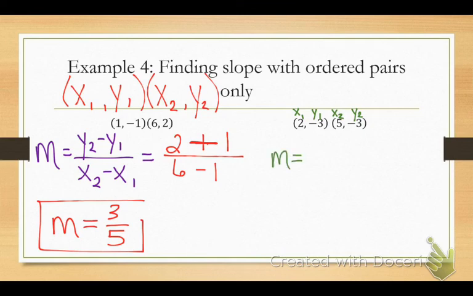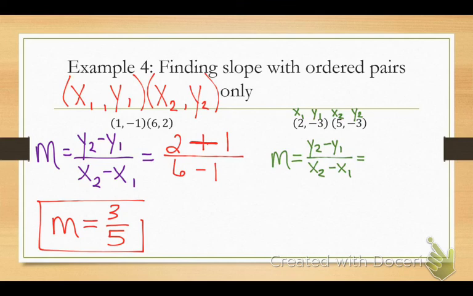M equals. I want you to write the formula again. It helps you memorize it. Y2, say it with me, minus Y1 over X2 minus X1. Someone raise your hand. What value are you going to plug in for Y2? Josh, thanks for raising your hand.